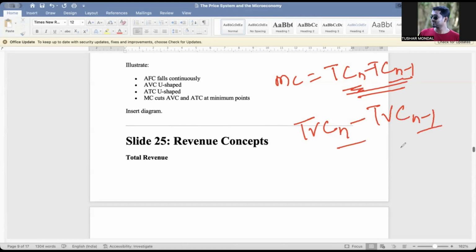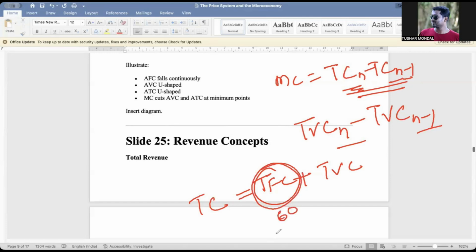Because total fixed cost plus total variable cost equals total cost, and total fixed cost is always the same. If total fixed cost is 60, it will be 60 every time. When total variable cost changes, total cost also changes in the same proportion. So for marginal cost, I can subtract either total variable cost or total cost.